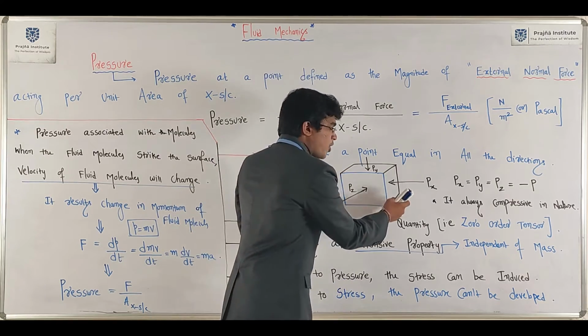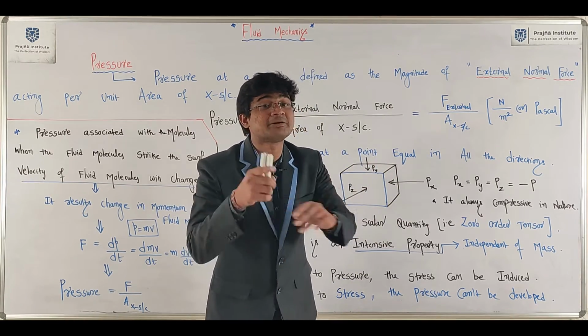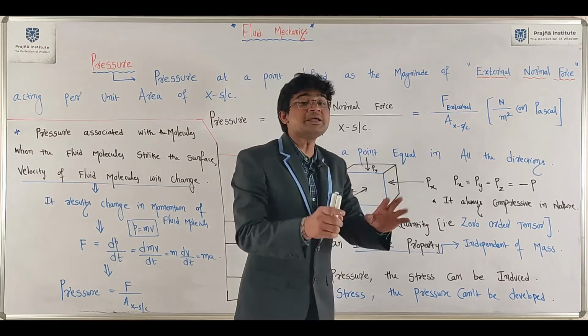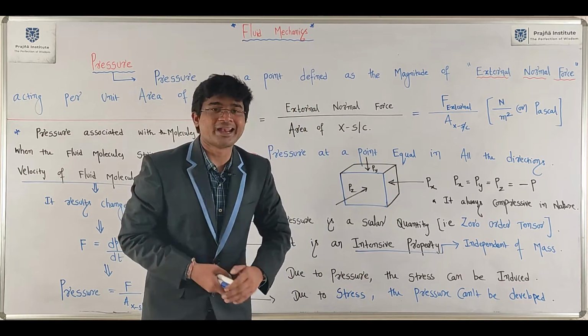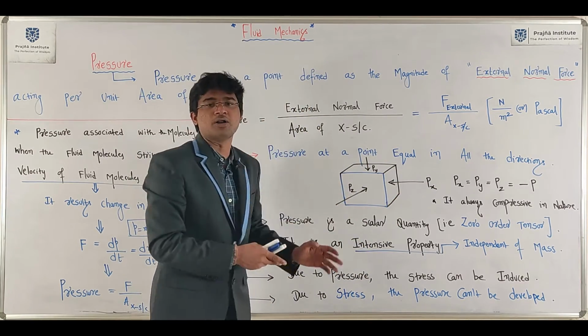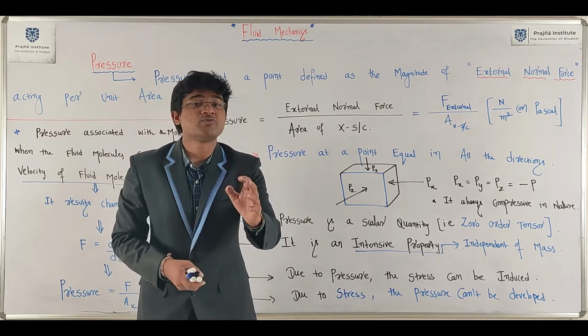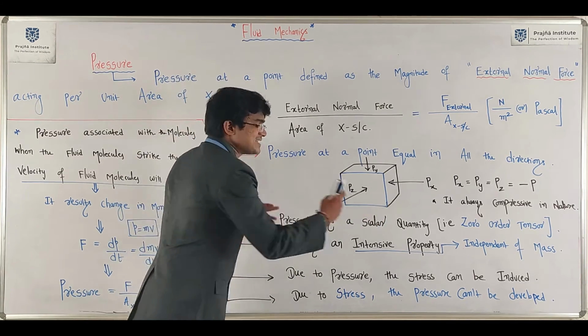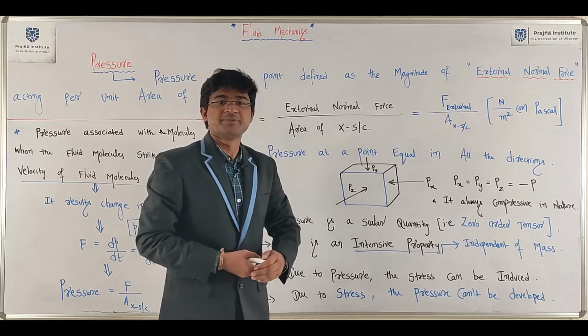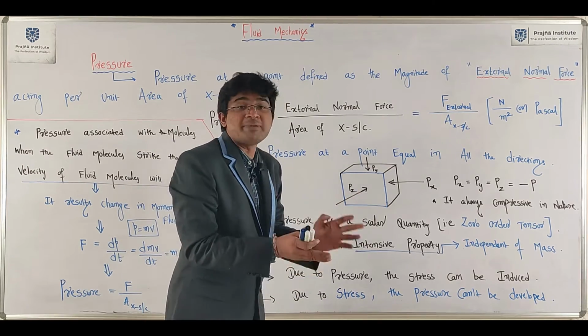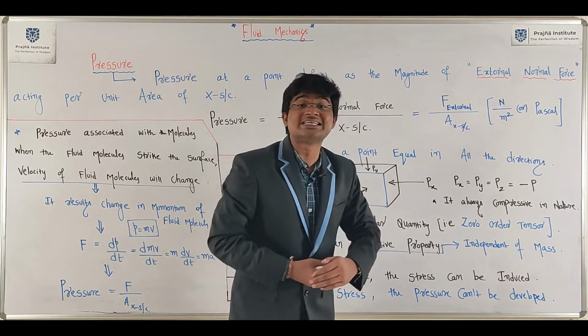Okay? Pressure at a point is equal in all directions. That means it is independent of direction. It depends only on magnitude. That is why we can call pressure a scalar quantity. Scalar means zero order tensor.